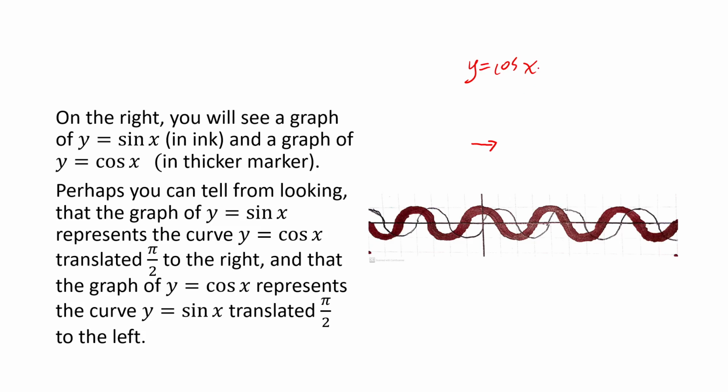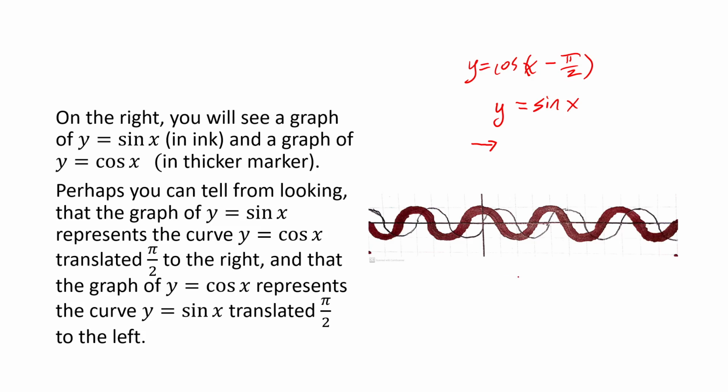So in other words, what we can say is that y equals cosine of x minus pi over 2, i.e. translated pi over 2 radians to the right, will then be the same as y equals sine x. It also works the other way.